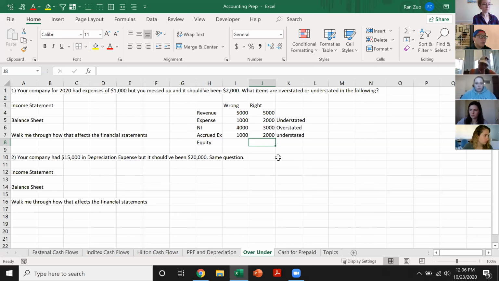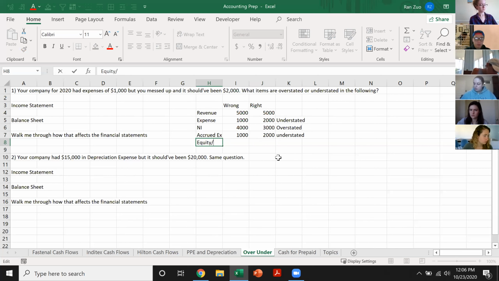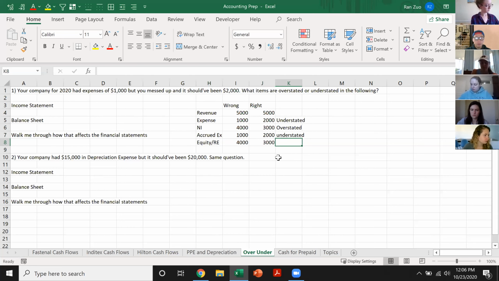Retained earnings. Yeah. So equity, retained earnings. You say it increased by 4,000, but it should have only increased by 3,000. So your equity is overstated. That makes sense? Good. Questions on that one?